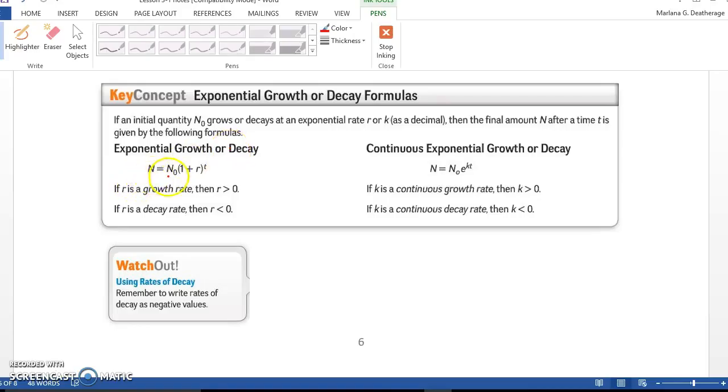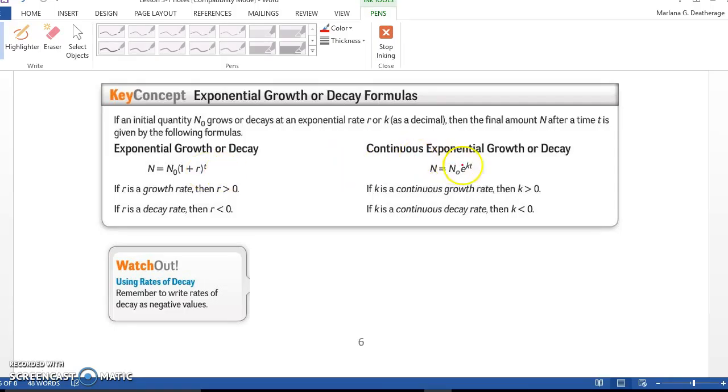Your initial quantity times 1 plus R to the T power. It's a growth rate if your rate is greater than 0, and if R is a decay rate, then R is less than 0. So if it's growth, you put plus R. If it's decay, you put minus R.